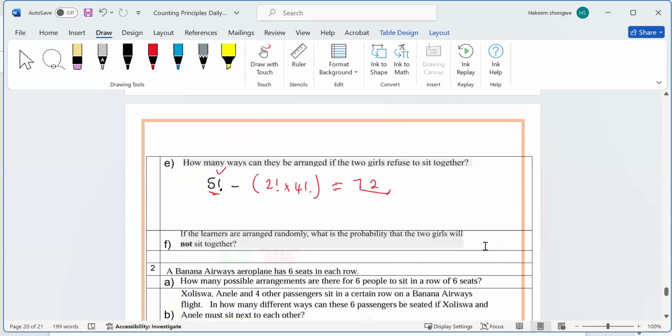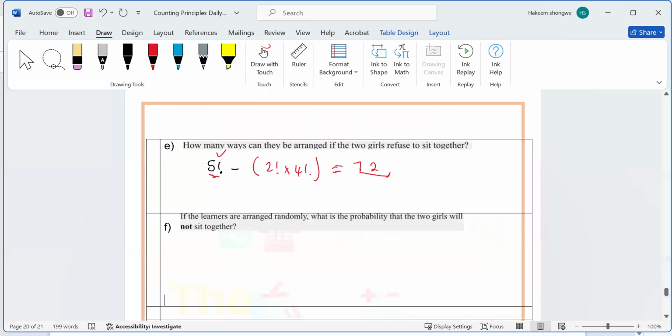Okay, this last one. If the learners are arranged randomly, what is the probability that the two girls will not sit together? This one is straightforward. I think we already know in how many ways can they not be seated together. And then the last one is just adding the icing to say probability, where there are two girls that are not seated together.